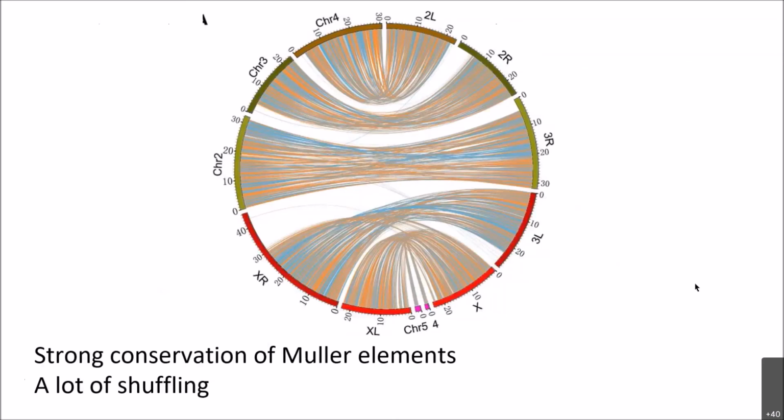The Drosophila chromosome arms are called Muller elements, and these elements are strongly conserved across the entire clade. However, they're very actively shuffled. You can see here on the right-hand side is Drosophila melanogaster, and the left-hand side is Drosophila pseudoobscura, and the connections are segments of homologous regions. You'll notice that while each chromosome connects to each other chromosome, they connect in a twisted, tangled mess, which is indicative of a lot of reshuffling.